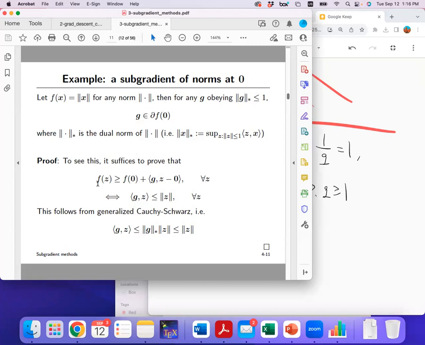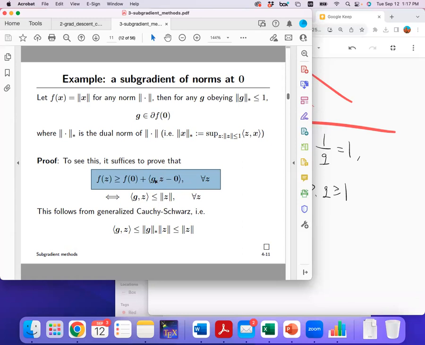And we can actually prove this result just by checking the original definition of subdifferential. If g is the subdifferential of f at 0, then for any z, this inequality must hold. And 0 is the point we are talking about, and g is the subdifferential at that point.